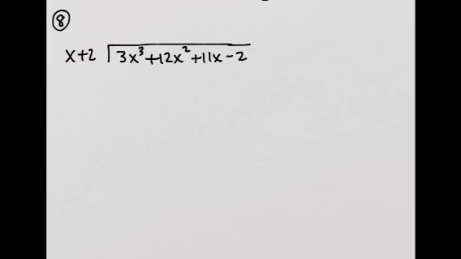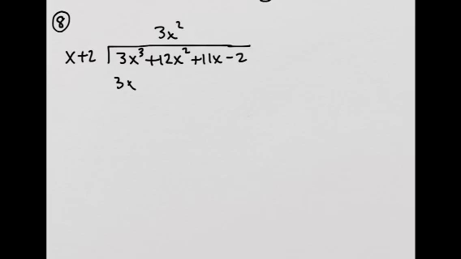Alright, so for number 8, again, no need for placeholders on this one. And you ask yourself, x times what gives you 3x cubed? And the answer to that would be 3x squared. You multiply, you get 3x cubed plus 6x squared. We subtract, so that means that we add the opposite.